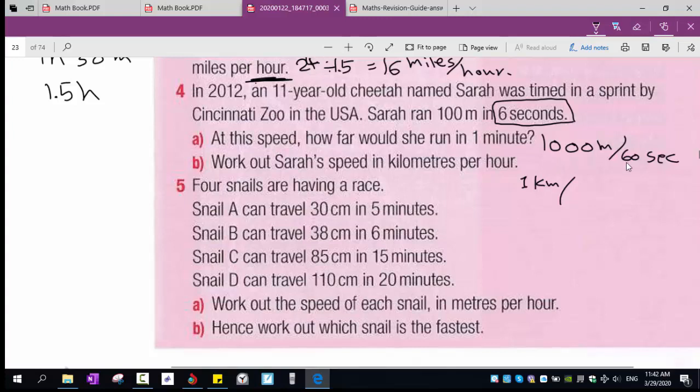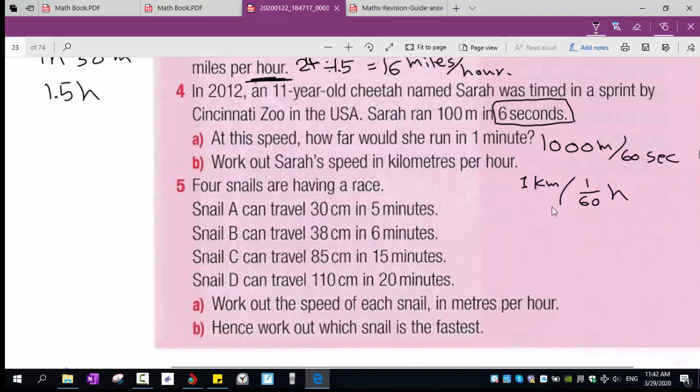To convert seconds to hours, we divide by 60. The second becomes a minute, then we divide by 60 again and the minute becomes an hour. Now we have 1000 meters, which is 1 kilometer, and 60 seconds as an hour is 1 over 60.